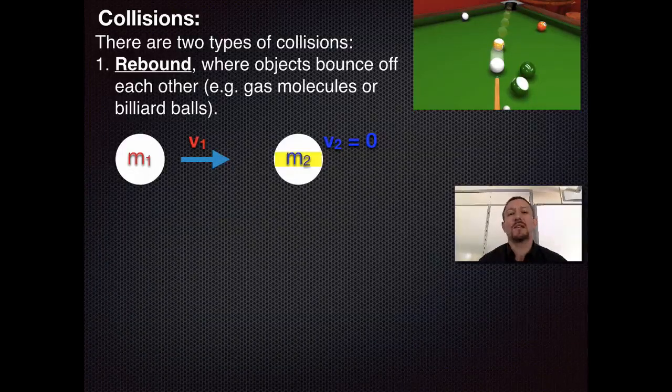In this situation, let's work with some pool balls. Here I've got two pool balls. I've got the cue ball, M1, and it's going to hit the yellow stripe ball, M2. The yellow stripe ball has a velocity of 0, it's stationary, it's not going anywhere. The cue ball has a velocity of V1.